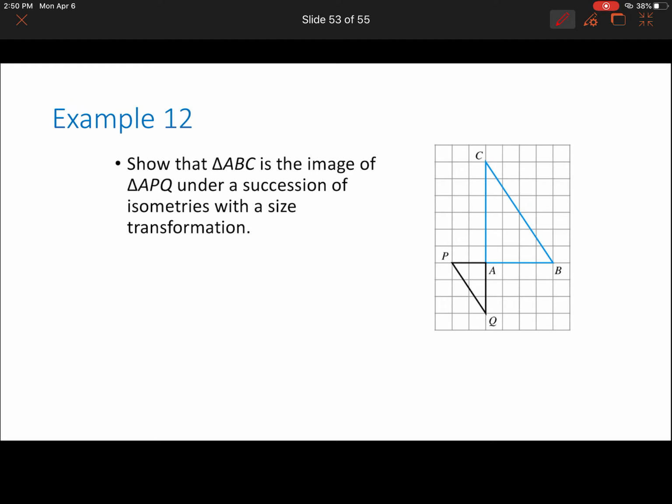So if ABC is going to be the image of APQ, then angle P and angle B need to match up. And angle C and angle Q need to match up.